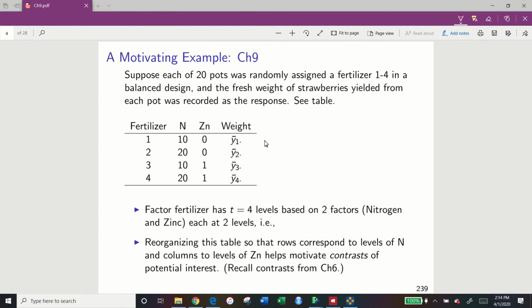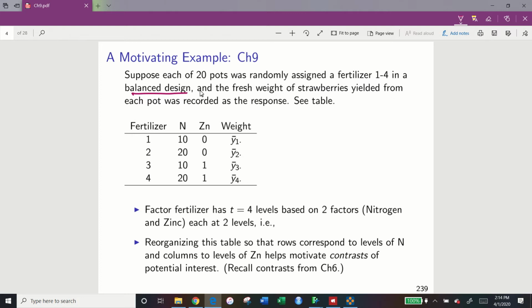Okay, so for this motivating example, let us suppose each of 20 pots was randomly assigned a fertilizer labeled 1 through 4 in a balanced design. Now recall, balanced design means that we have equal sample size.